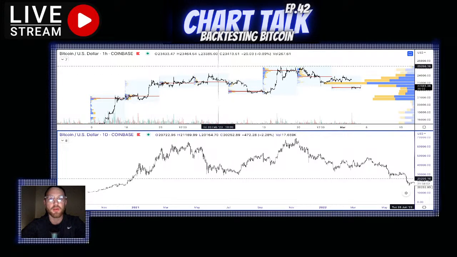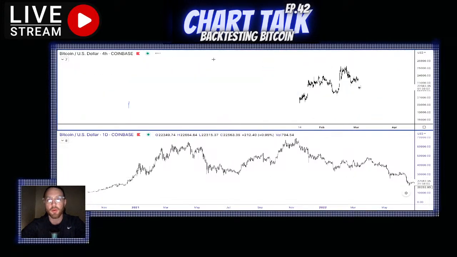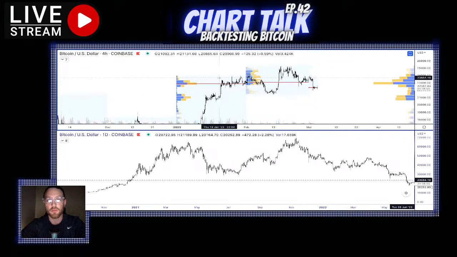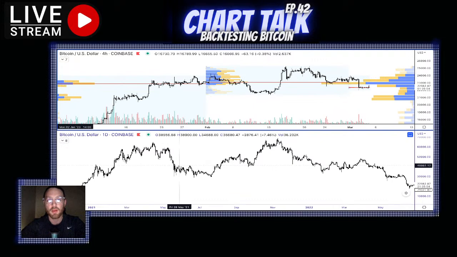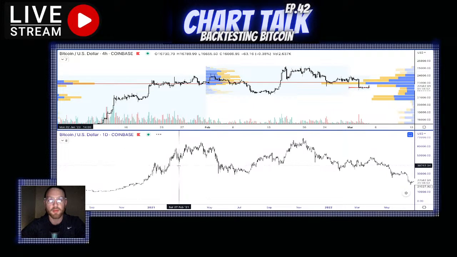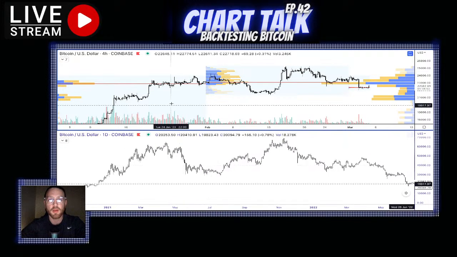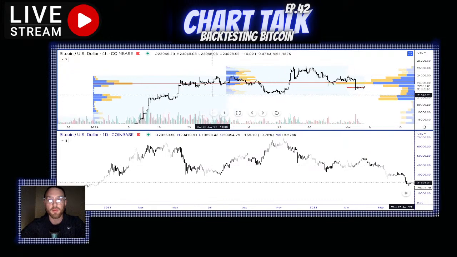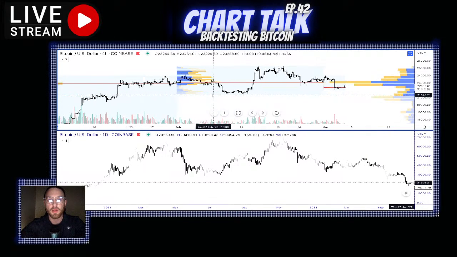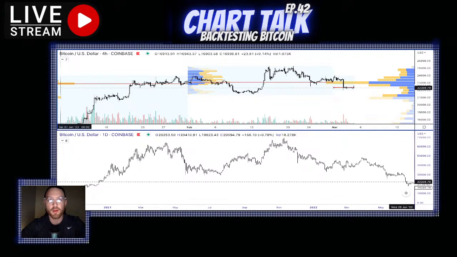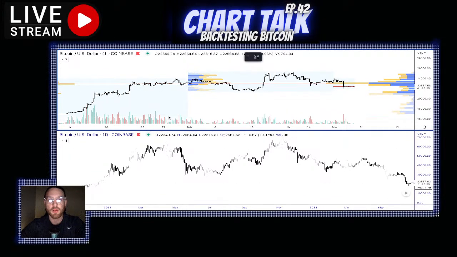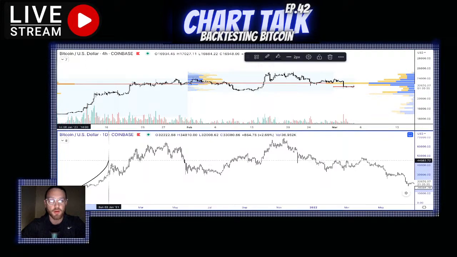hour, or even I could go to the 4 hour and it could still be pretty visible. So we'll do that on the 4 hour, and maybe even on the weekly we could see it. But nonetheless, I think we're seeing a similar pattern here, where we have a run up, a big run up and then a cool off.